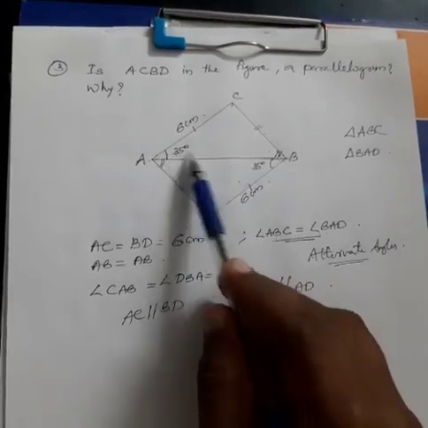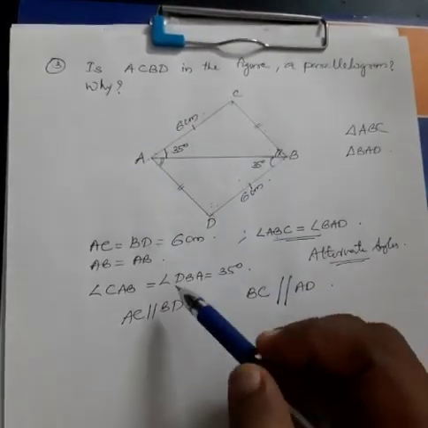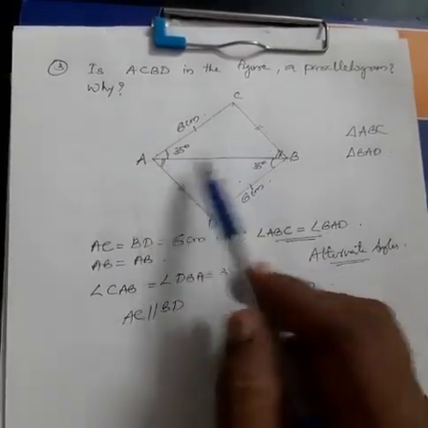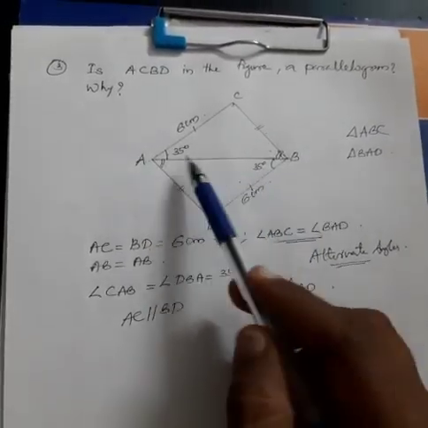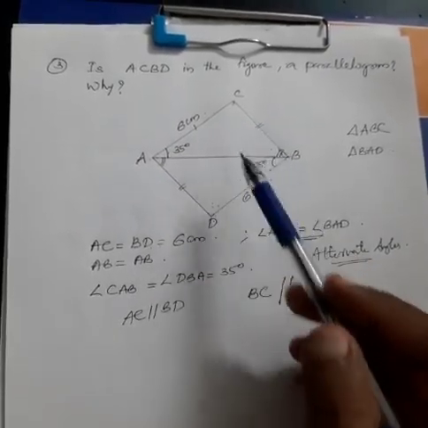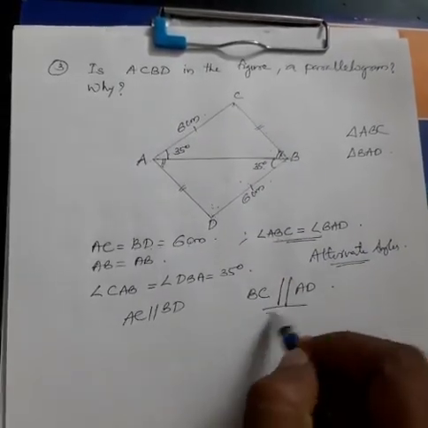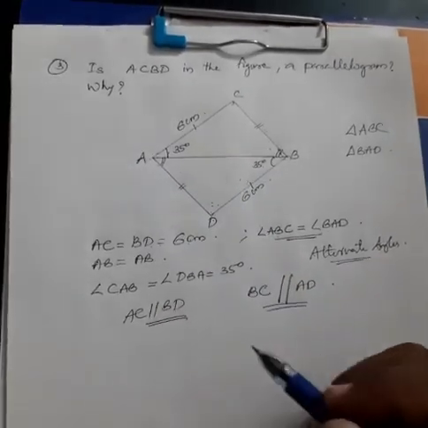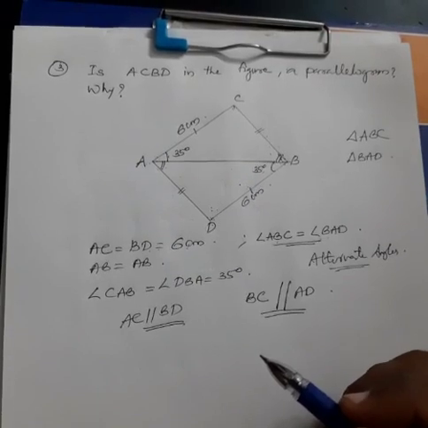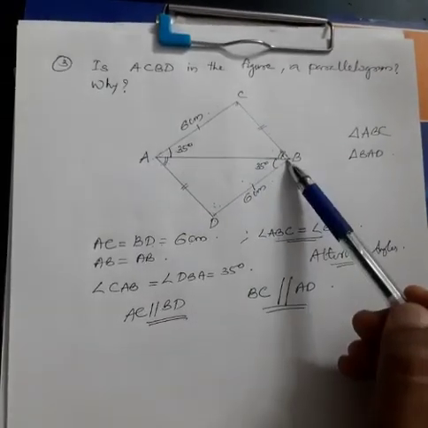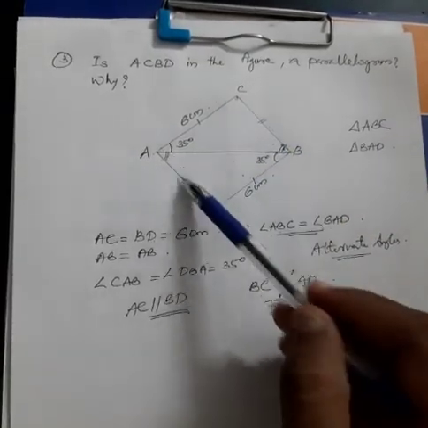Next, angles are given opposite to those sides, and if AB is cutting these two lines, these are parallel lines, and if the alternate angles are given, the two sides are also parallel. So four sides are parallel, we can write it as a parallelogram. AC parallel to BD and BC parallel to AD.